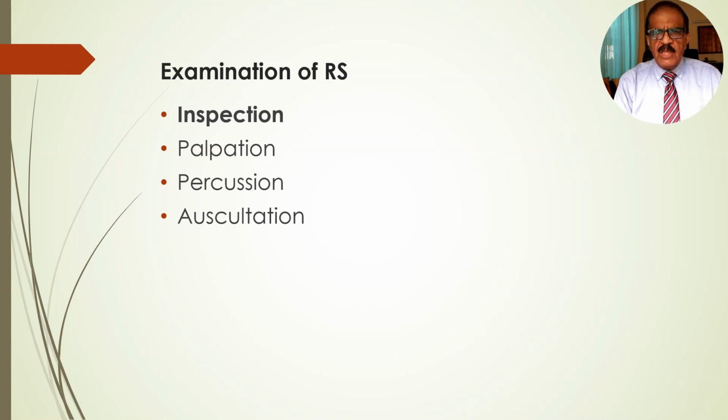Now in inspection, you basically have a closer look at the entire chest and also the related system, the upper respiratory tract, and also you look at the way patient is breathing, and there should be good light. First of all, if you have not examined for cyanosis earlier, you do it now.